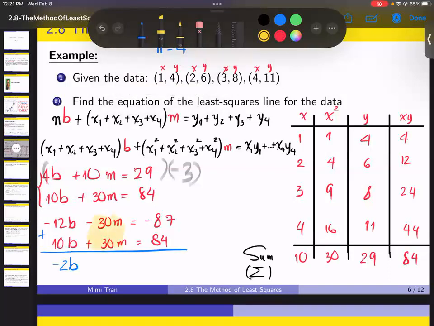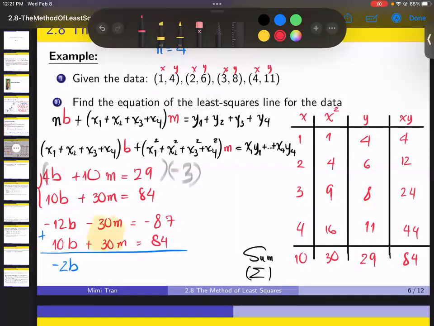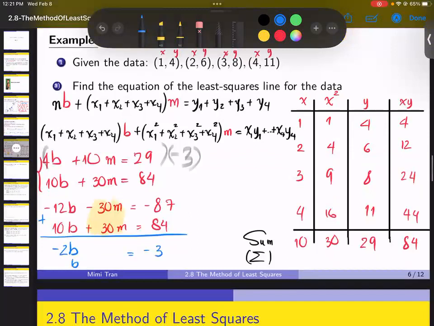That one cancels. It has to, because you want to reduce down to one variable. Equal negative 3. Really? Yeah. Okay. So b is 3/2. That's my y-intercept.